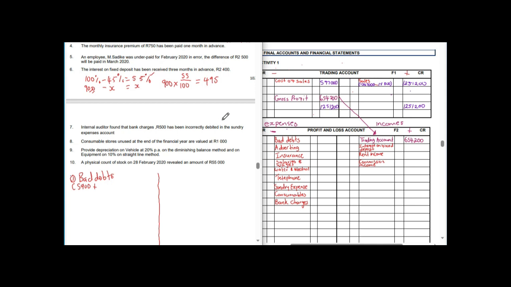Our expenses will increase with 495, so I'm going to write my 495 and close the bracket and calculate the amount that needs to be recorded under profit and loss. So 5,900 plus 495 equals 6,395.